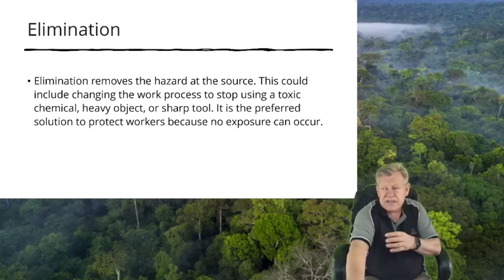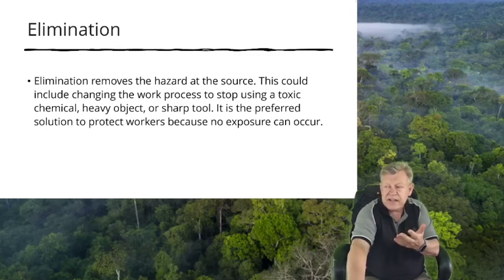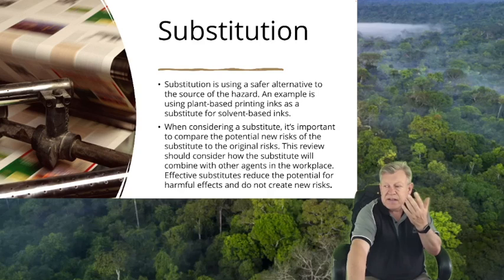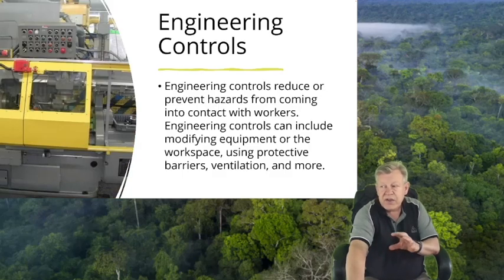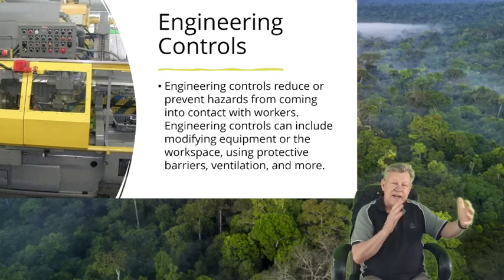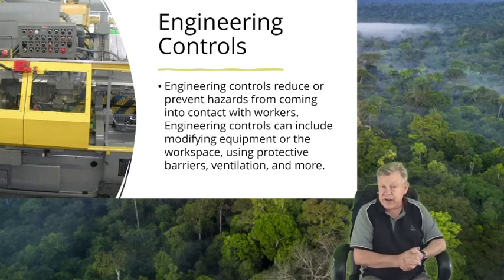Now the slides just repeat what I've basically said. Elimination removes the hazard at the source. Substitution, you replace a more dangerous thing with a less dangerous thing. You reduce exposure. You capture the energy of the hazard through engineering controls.